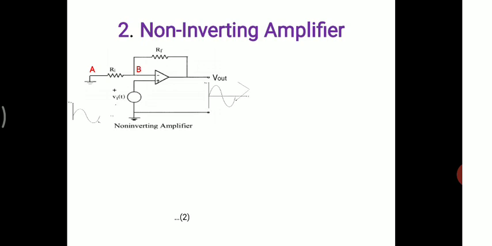The same output is obtained as the input we have applied, the only thing is that there is amplification. The magnitude of the output voltage is greater than the input voltage with the same phase. Such a configuration of operational amplifier we call a non-inverting amplifier.